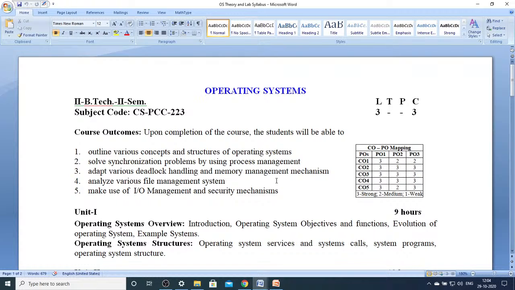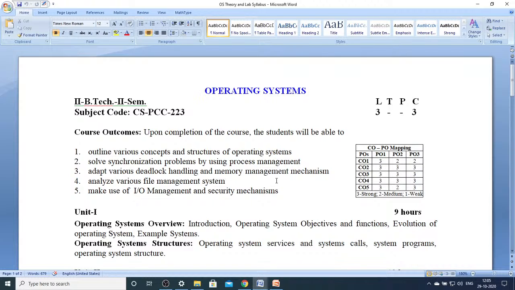So this is what I wanted to convey with regard to your OS exam. Theory has 8 questions, out of which you are supposed to answer 5: 6 from the first 3 units, 2 from each unit, and 2 from the last 2 units, 1 from each unit. And the mid exam is going to be an online test, that too MCQ based only.